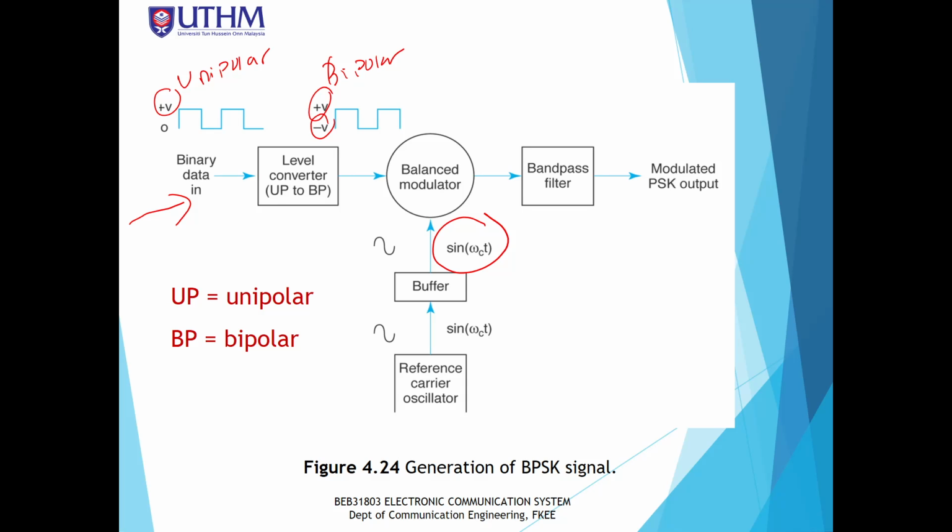So, bila you masukkan dalam balance modulator, if it is positive, so output di sini sama ada positive sin omega CT ataupun negative sin omega CT. Okay, sebab kita ada dua kebarangkalian sahaja, sama ada positive ataupun negative sin.